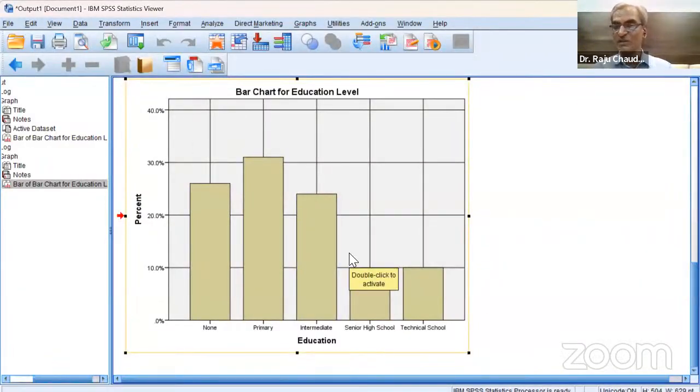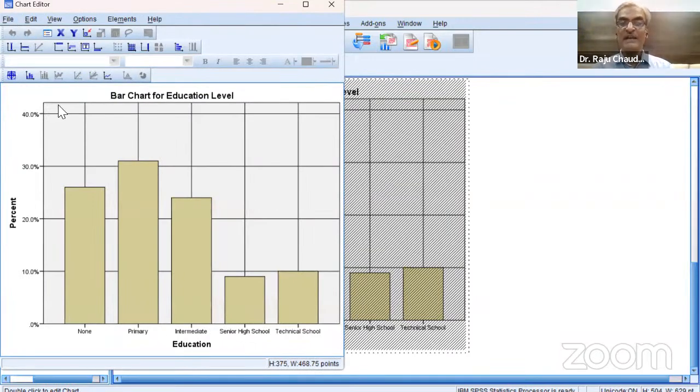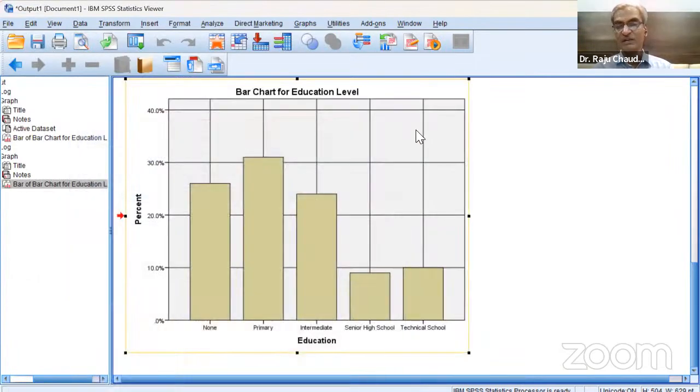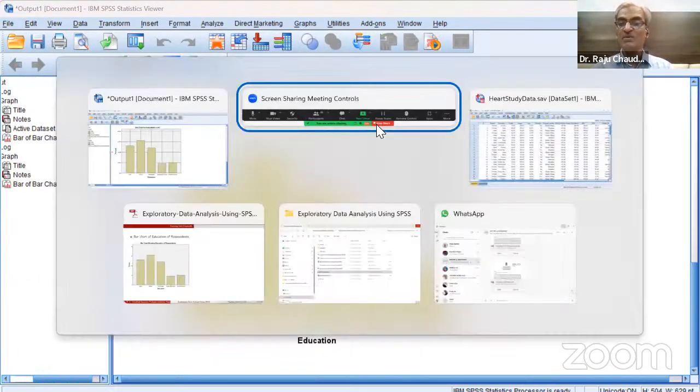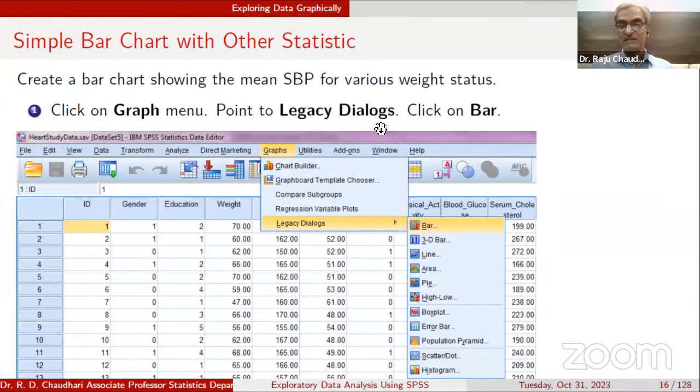These are some additional options, and you need to explore them. Just double click on the chart and it will open the chart editor window. This is how we can create a bar chart.